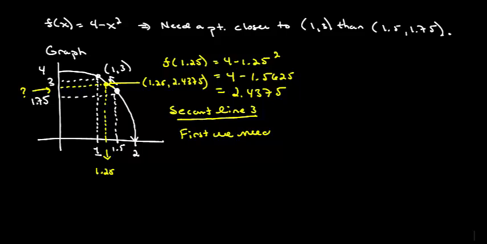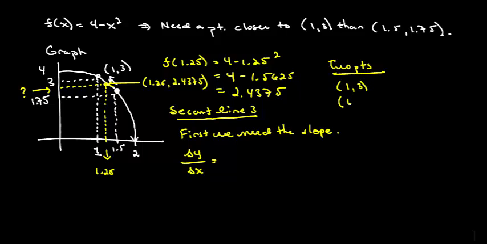To figure out the secant line, we need the slope. If you want to get the equation of a line, you need the slope and then the intercept value. So if the slope is the change in y over the change in x, well, what is the change in y? Well, that's this length here on the y-axis, basically the difference between our height value of 3 and our height value of 2.4375.